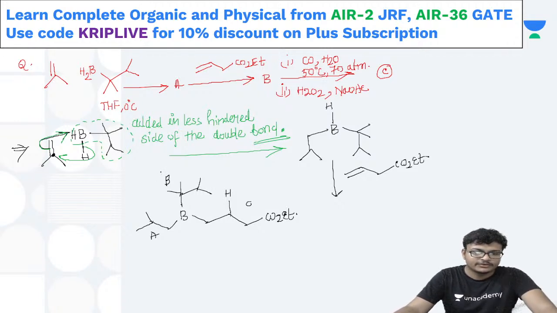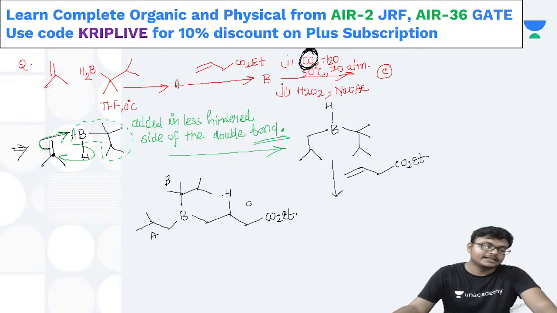I'll be giving you a shortcut. Since the carbonyl group is there, so the carbonylation. The carbonyl group is there. Now tell me, in this scenario, A, B and C, which is highly steric?